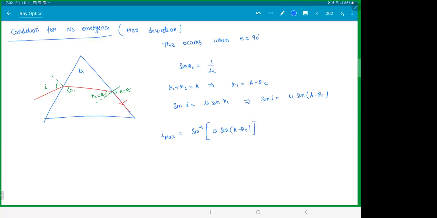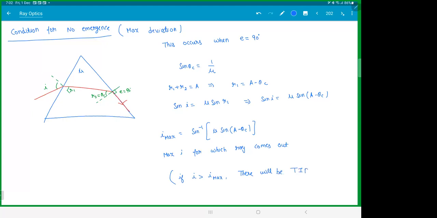If you exceed this angle, the ray won't come out. Max I for which the ray comes out. If the angle of incidence I is greater than I max, there'll be TIR, and we don't study that.